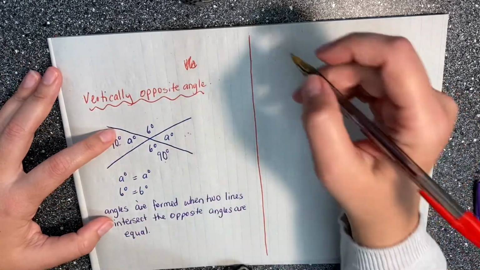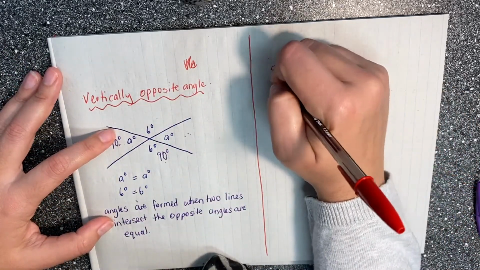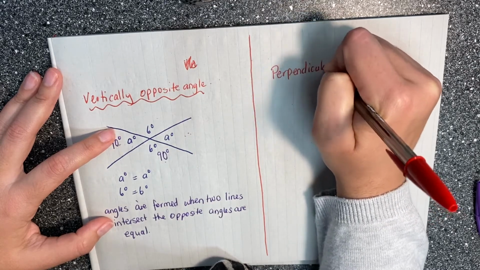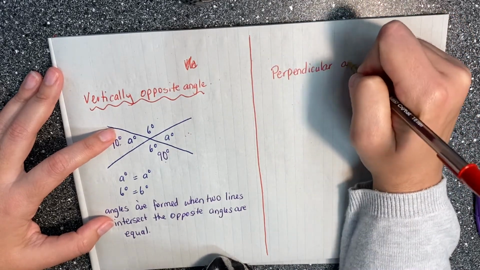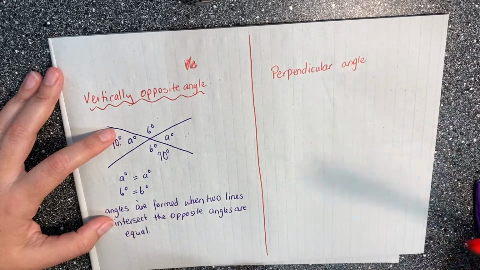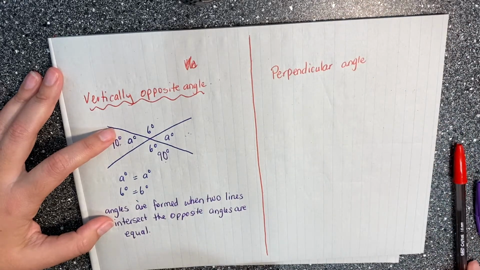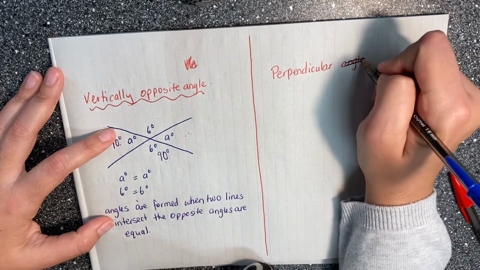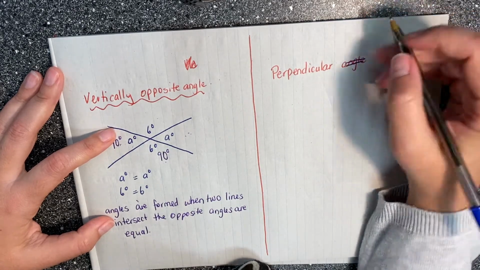The next one and the last one that I want to talk about is a perpendicular angle. A perpendicular angle is, or perpendicular line, sorry, lines that meet at right angles.